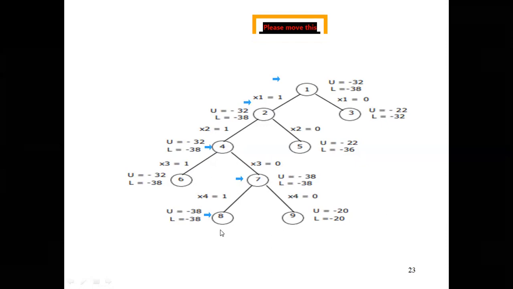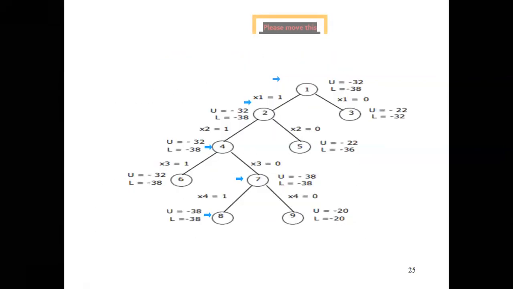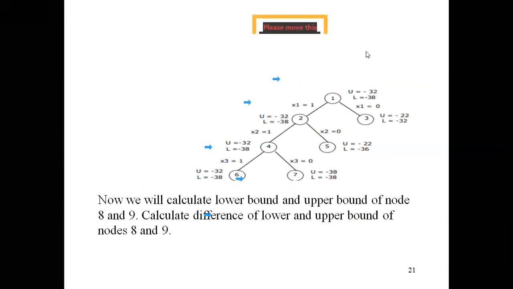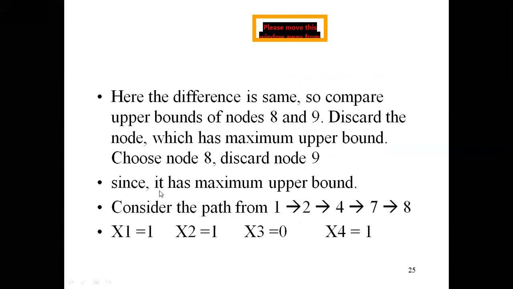This path you can consider. Since it has maximum upper bound, consider the path from 1 to 4, 7, 8.